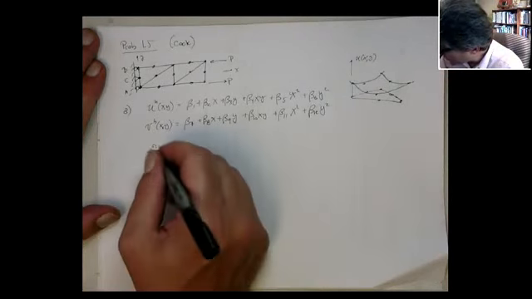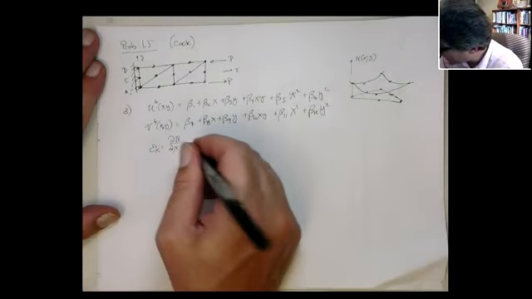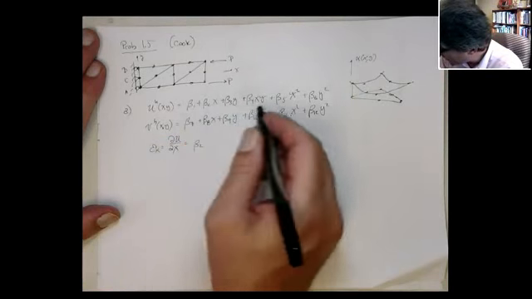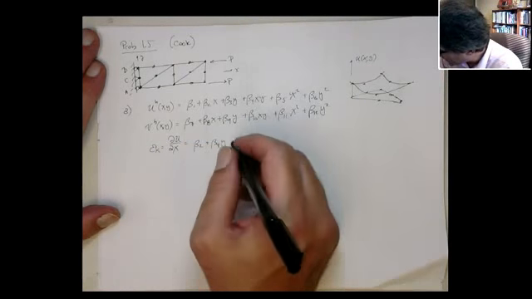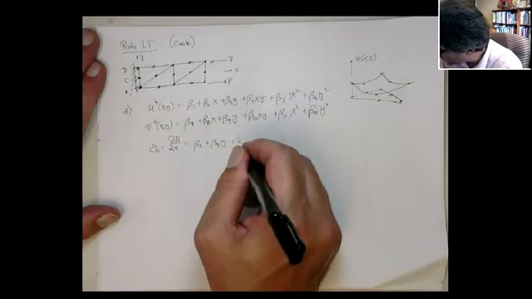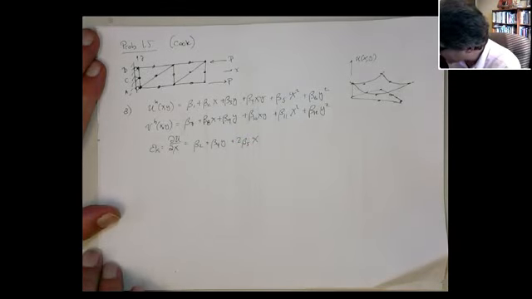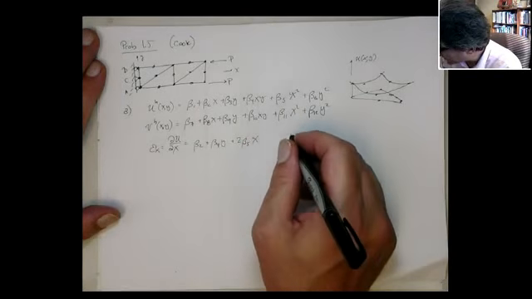All right, so the x normal strain is the partial derivative of u with respect to x, so that just gives me beta 2, and I get a plus beta 4 times y, and then I get a plus 2 beta 5 x. Okay? So you can see the strain is linearly complete.